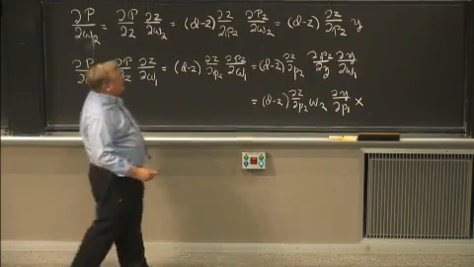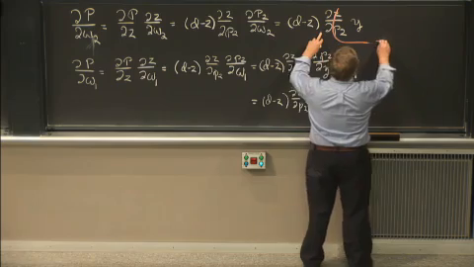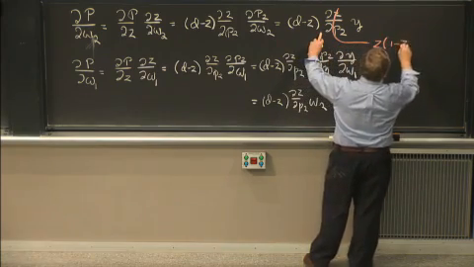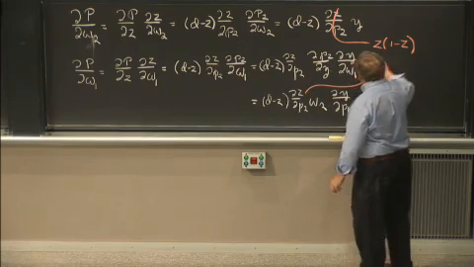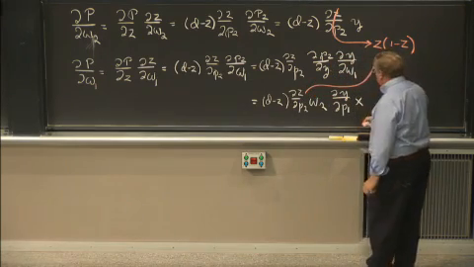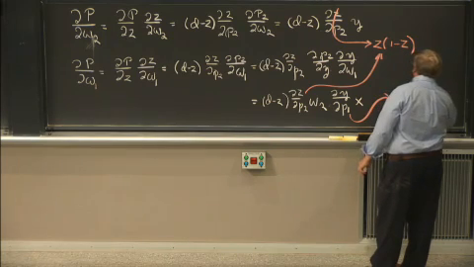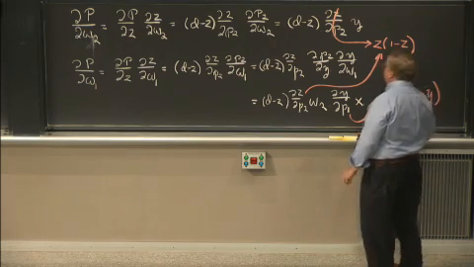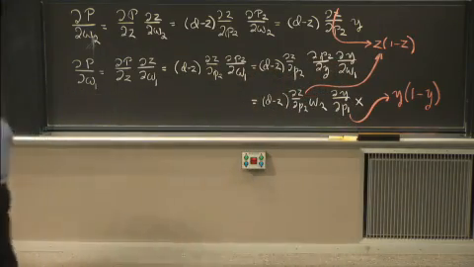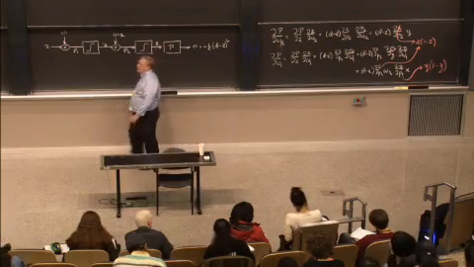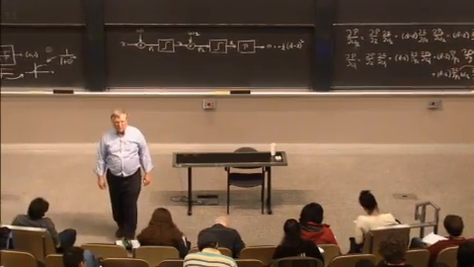Because now we can go back and say, oh, this one, that must be z times 1 minus z. And there's one of those down here, too. And let's see, this one must be y times 1 minus y. All right? And now we can let the math sing to us and say, well, what do those partial derivatives actually depend on?